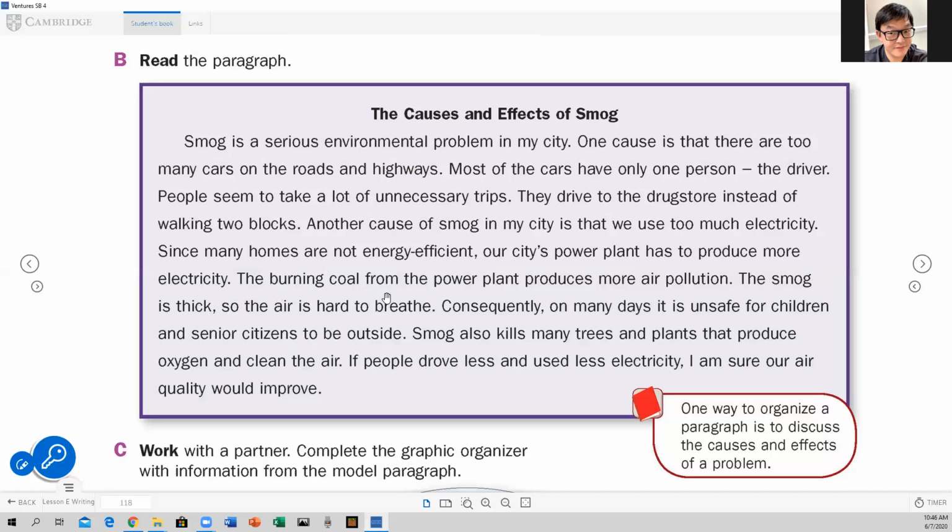The burning coal from the power plant produces more air pollution. The smog is thick, so the air is hard to breathe.